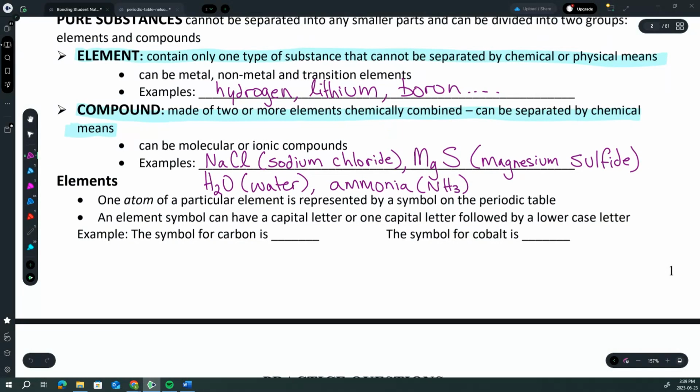Okay, so like we said, an element symbol can have a capital letter or one capital letter followed by a lowercase letter. For example, the symbol for carbon is capital C, the symbol for cobalt is Co. And keep in mind that o is a lowercase o.